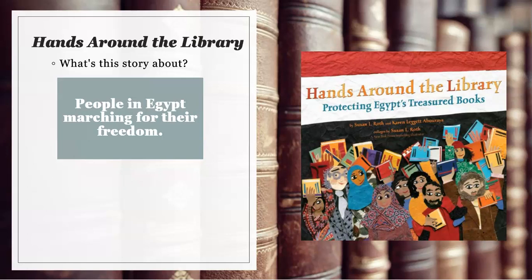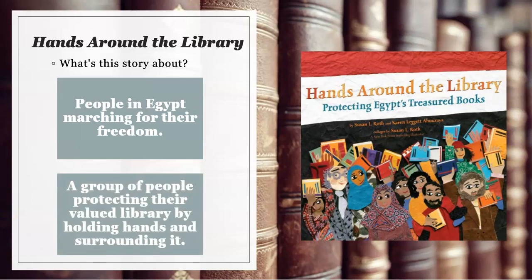It was not something that was offered to many of the people in Egypt during the time of this book. And the majority of the book is centered around a group of people protecting their valued library by holding hands and surrounding it, protecting it from being destroyed or vandalized by those people marching for their freedom.